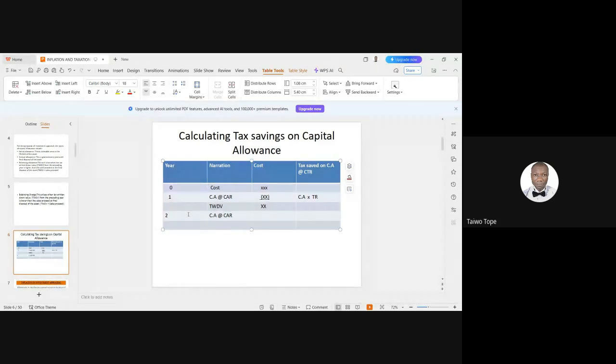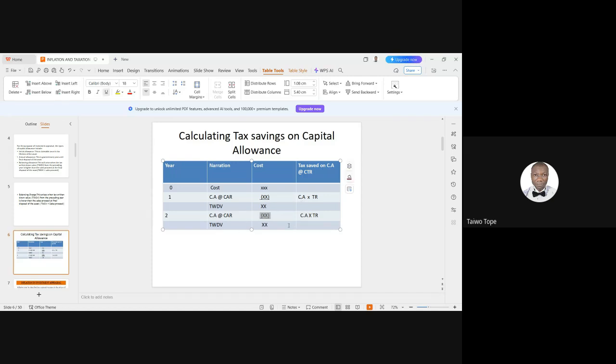For you to get the tax savings as at year two, it will be this value of capital allowance multiplied by the tax rates. The difference between your tax written down value and the capital allowance as at year two will give you another tax written down value.